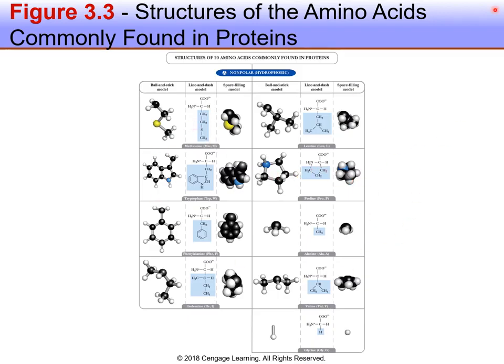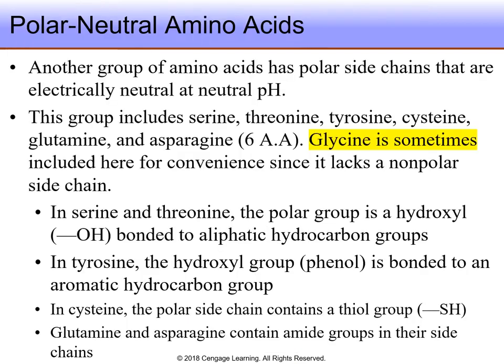And you should memorize all the structures of these nonpolar amino acids during your study.